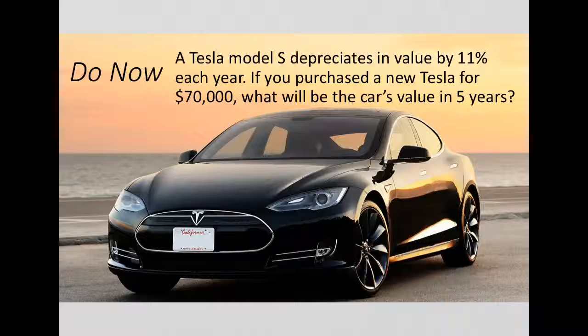Well, if it goes down by 11% each year, that means that 89% remains this year. So if we take that initial $70,000 and we multiply that by the fraction 89 over 100, that would give us the depreciation after 1 year, but we want it after 5 years, so we're going to multiply by 89 over 100 5 times, which is raising that to the fifth power.